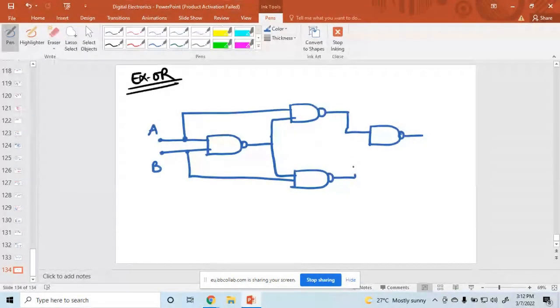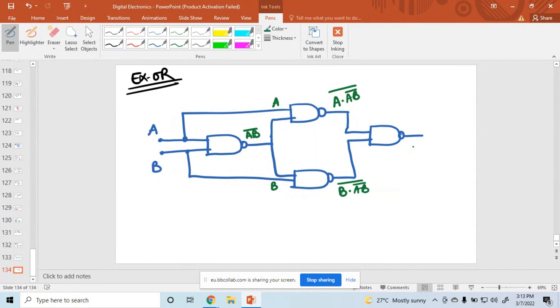So this one is the input, and to find what the output is: if A and B are the input, here the output is A into AB bar whole bar, and here the output is B into AB bar whole bar.